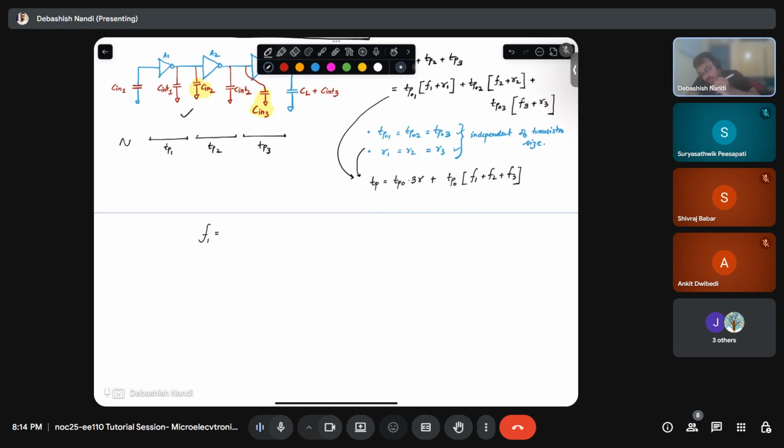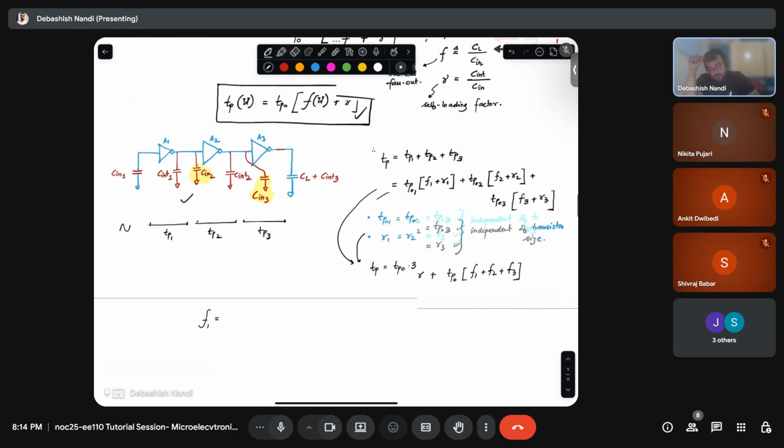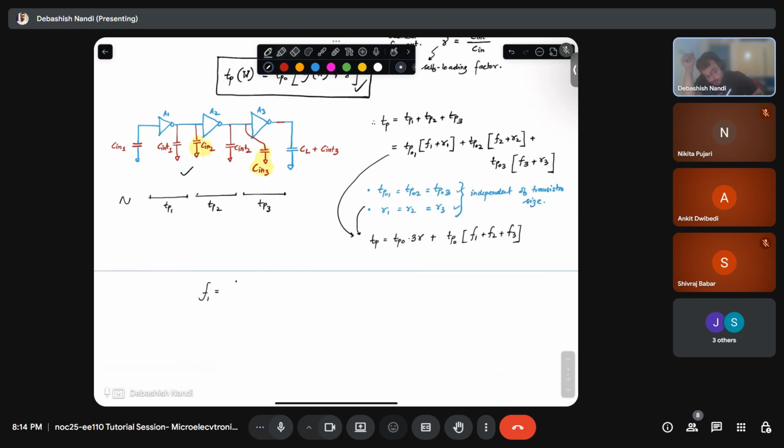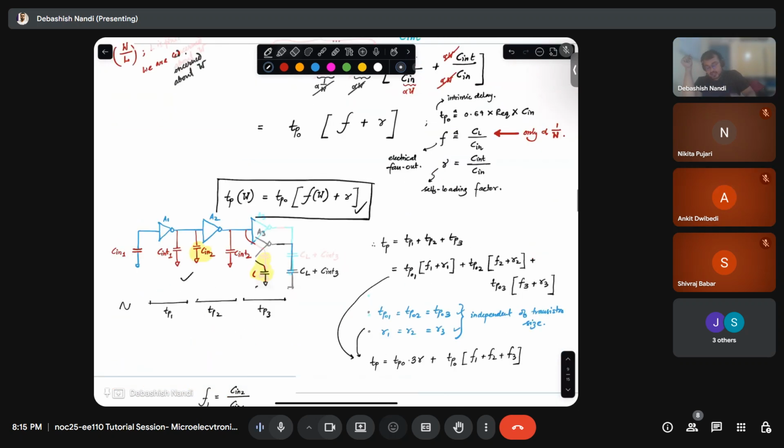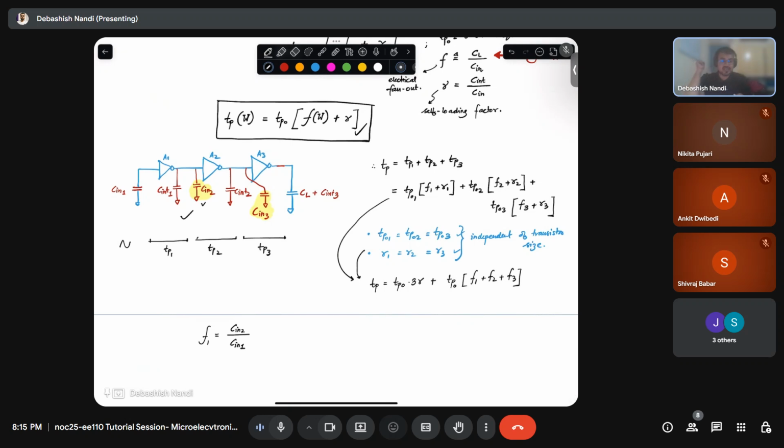From this figure, can you tell me what is F1? C in 2 over C in 1, because this is my CL for the first stage. Is that clear?